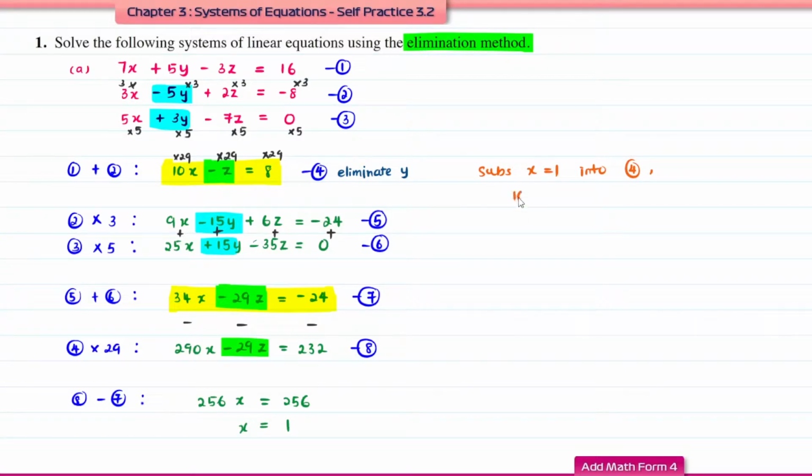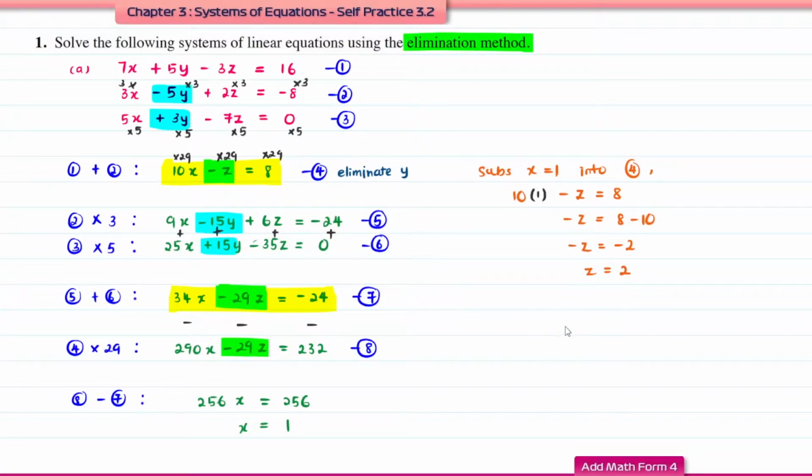So 10x, where we substitute x with 1, minus z equal to 8. 10 times 1 is still 10, right? So negative z equal to 8 minus 10, so negative z equal to negative 2. Therefore z is equal to positive 2.